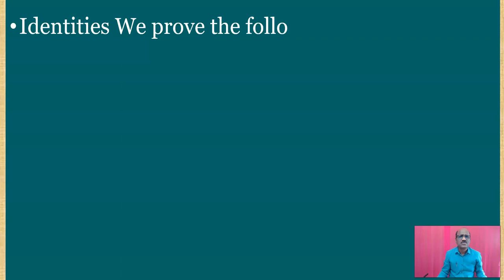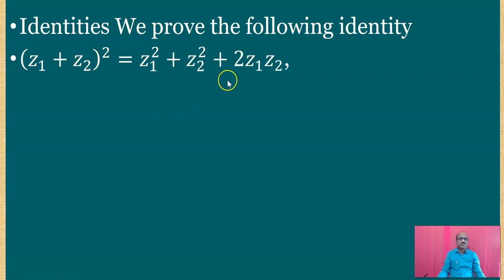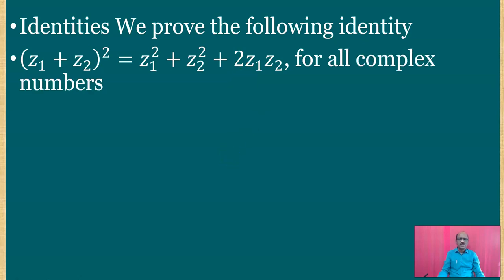Identities. We prove the following identity. The first is z1 plus z2 whole square is equal to z1 square plus z2 square plus 2 times z1 into z2 for all complex numbers z1 and z2.